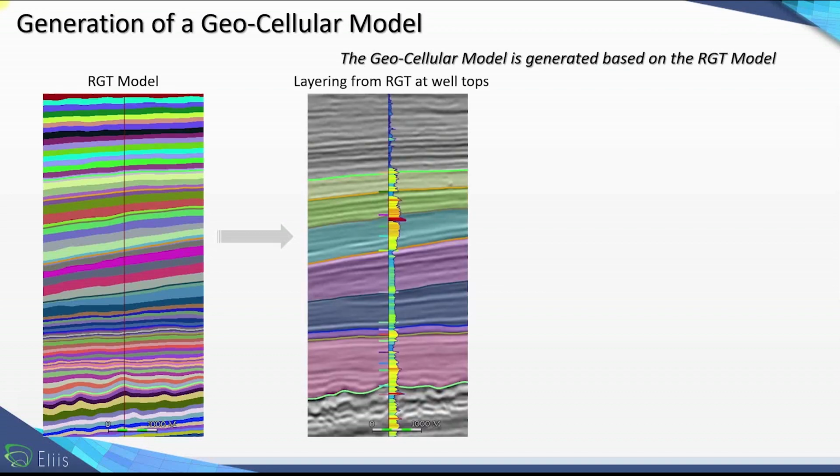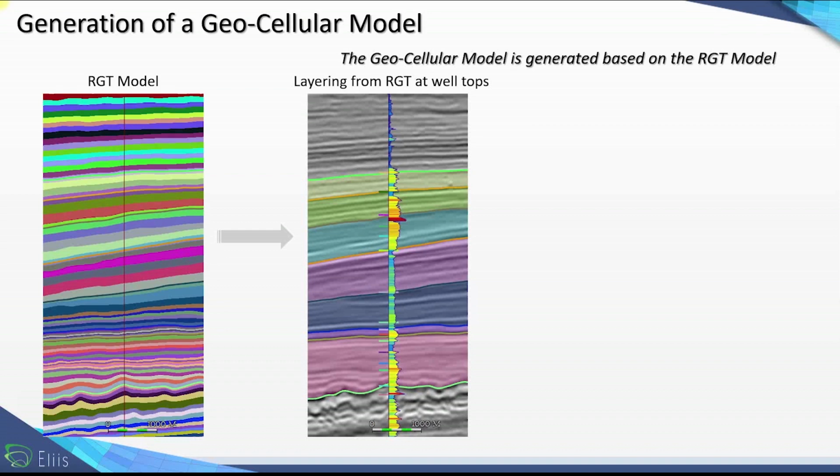From this RGT model, we are going to use the Strativiewer to create a sequence stratigraphy made of different boundaries in this tool. Depending on if you're considering creating a sequence stratigraphy based on the sequence of system tracts in the geology, or in terms of lithology, you would consider your layers as simple layers or system tracts.